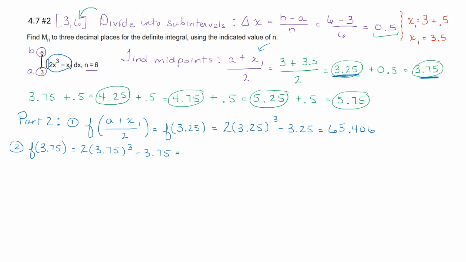And that will give us 101.719. All right, so for our third one, we're going to look at f of 4.25. So again, if you plug and chug that in, you'll come up with 149.281.